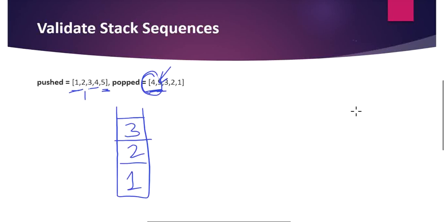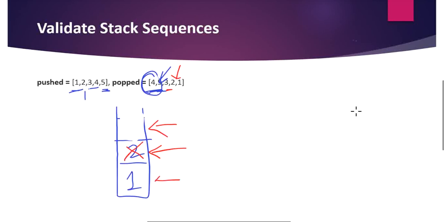Now we look at the top of the stack, which is 3. We check whether the next element of popped is 3. Yes, it is 3, so we remove 3 as well. The next element is 2, and again the popped element is 2, so we pop 2.